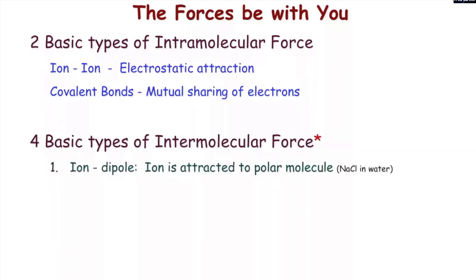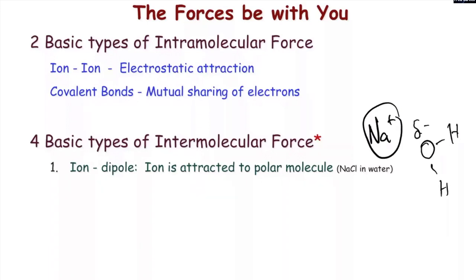One is called ion-dipole. So if we have an ion, like sodium ion, okay, and we have a chemical that's polar, like water. See how water has a partially negative here and a partially positive here. Well, that partially negative is going to be attracted through these little dots that I've drawn to the sodium ions. And that's the mechanism by which salt dissolves in water.